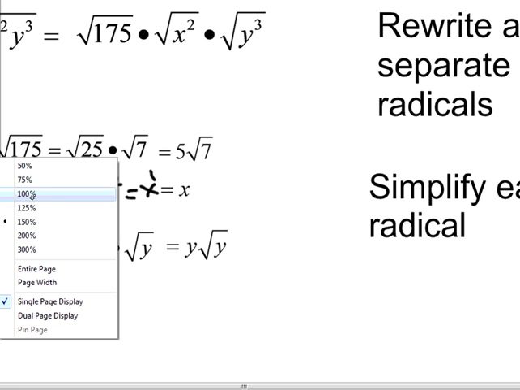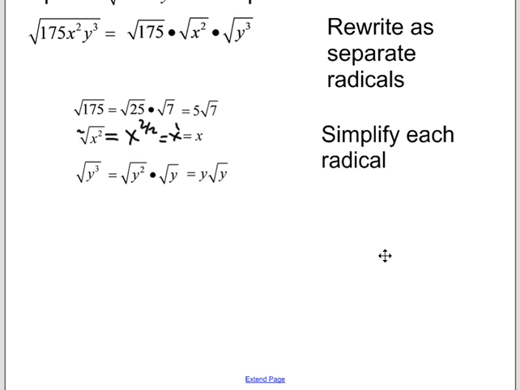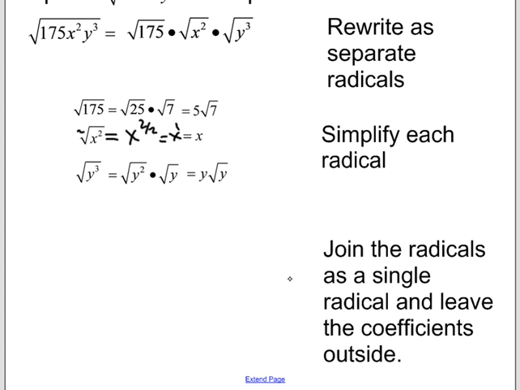The next step is to join the radicals as a single radical and leave the coefficients outside. So let's join the radicals as a single radical. That would be radical 7 and radical y. So we have radical 7y.